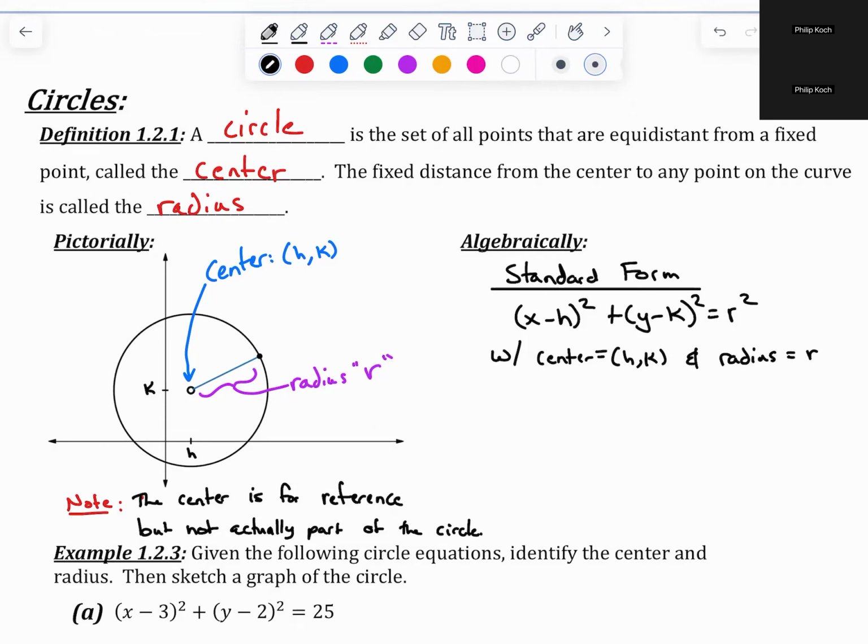And then there is another format for it called general form, which is x squared plus y squared plus ax plus by plus c equals 0, like that.